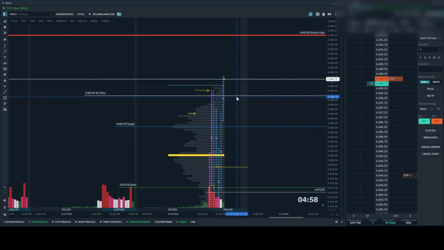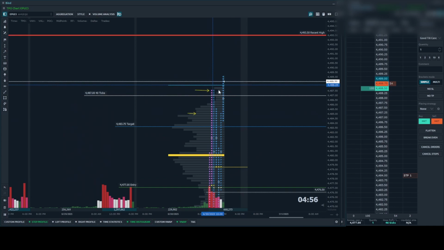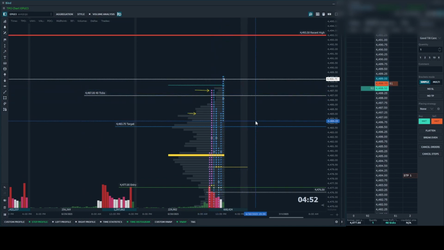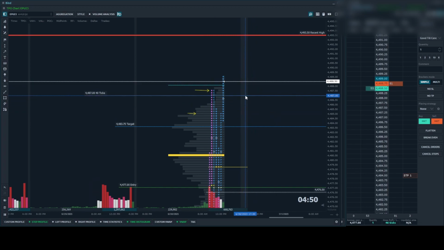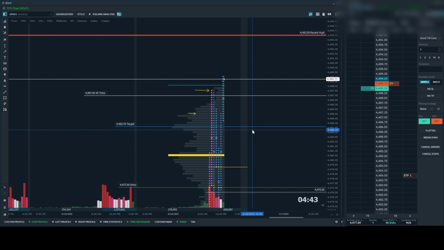Should get a nice push here now that we've broken over this level. Really looks like it wants to go higher.